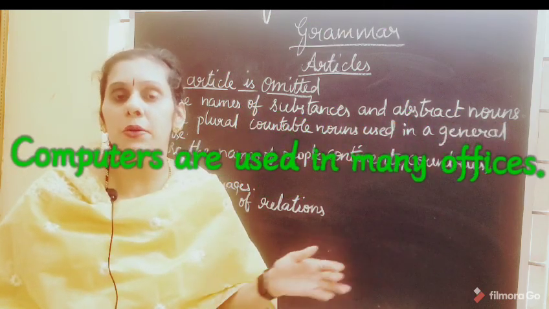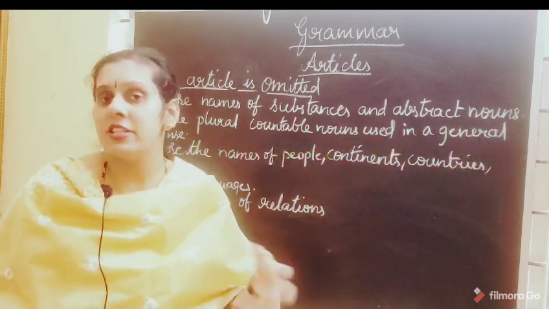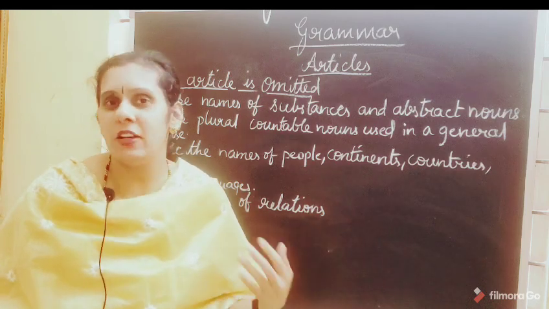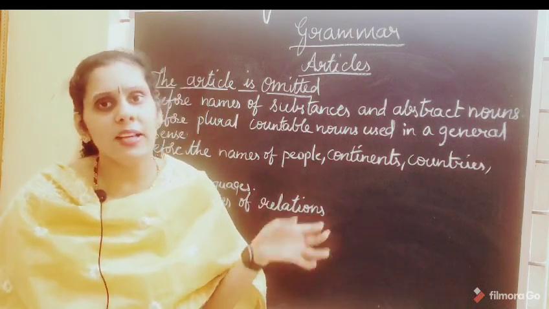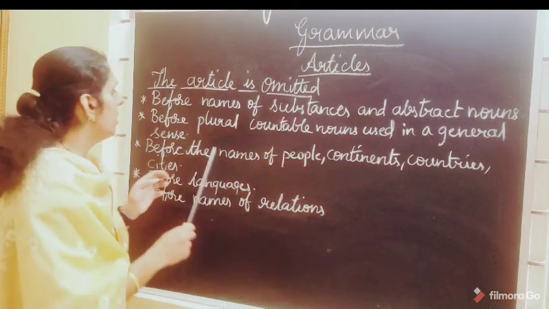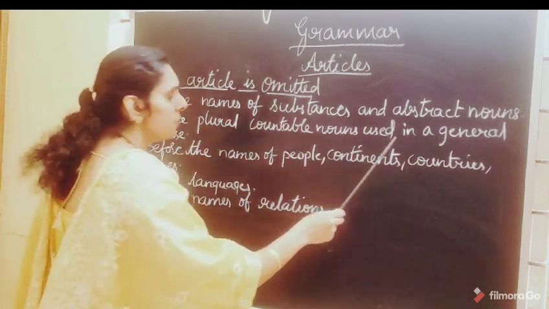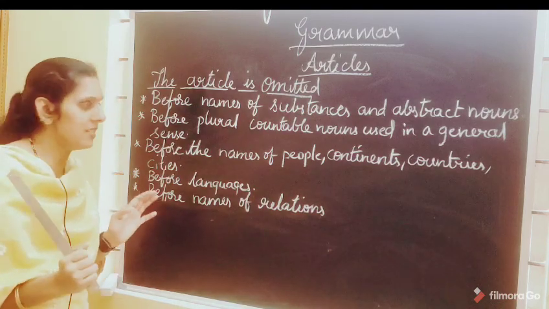Next, "computers are used in many offices". Generally computers are used nowadays in many offices, schools, colleges, banks, everywhere. So before plural countable nouns used in a general sense, no article is used.